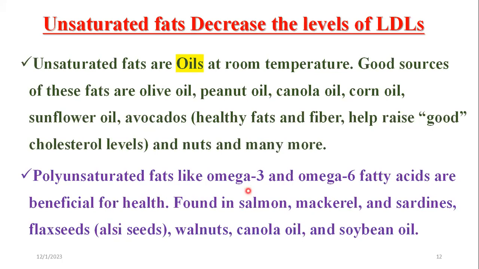Polyunsaturated fats like omega-3 and omega-6 fatty acids are beneficial for health. They are found in salmon, mackerel, sardines, flax seeds, walnuts, canola oil, and soybean oil. By using these oils, you can reduce the LDLs in your body.